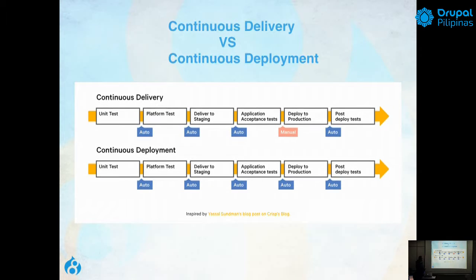We will talk about behavioral testing in a while. And then deploy to production. Sometimes it can be manual because, as I said a while ago, it's waiting for your stakeholders or your project manager to say, oh, can you push that on production? That's why deploy to production is manual for continuous delivery.